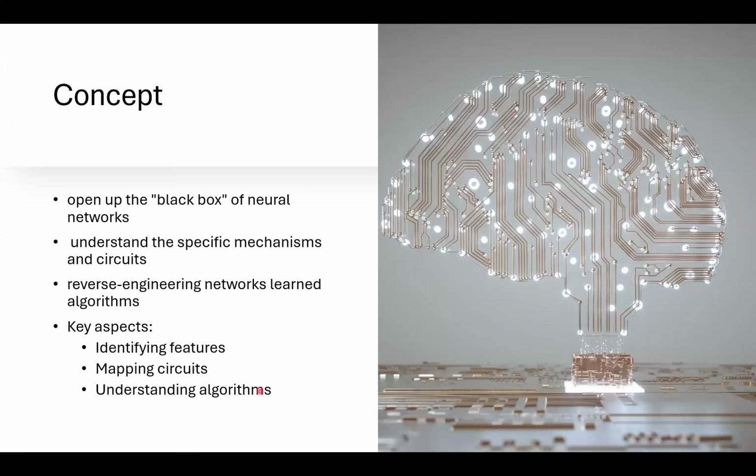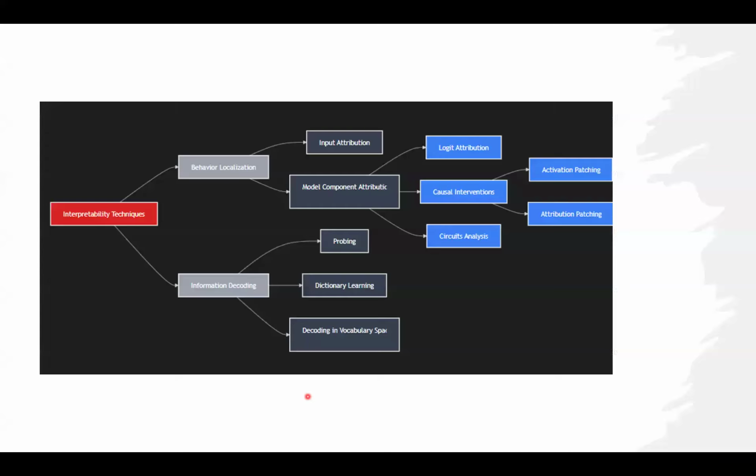And in the end, we understand the algorithm, the transformation and calculation which the model is doing, in this mapped circuit. So based on that, these are the general methods used for mechanistic interpretability, or interpretation, of large language models.